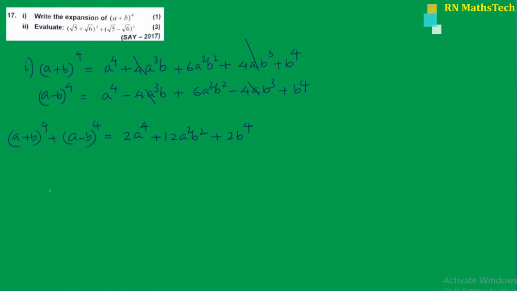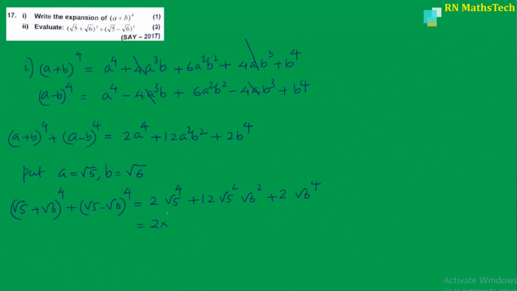ഓക്കെ, അപ്പോൾ ഇതിൽ put a is equal to root 5 and b is equal to root 6. root 5 plus root 6 the whole raised to 4 plus root 5 minus root 6 the whole raised to 4 is equal to 2 into root 5 raised to 4 plus 12 into root 5 square root 6 square plus 2 into root 6 raised to 4.